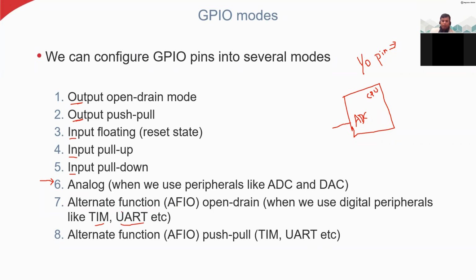UART means universal asynchronous receiver transmitter. You can configure the pin to utilize the function of these peripherals. You can also configure them as AF open drain or AF push pull mode. So you should understand what open drain and push pull mode are.